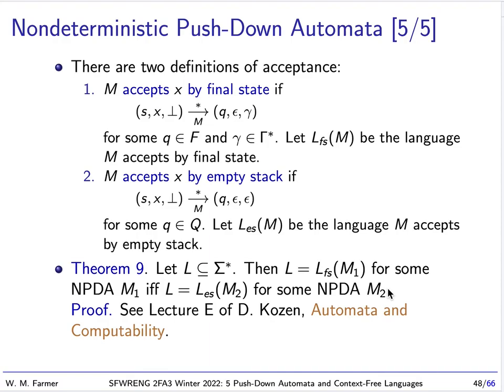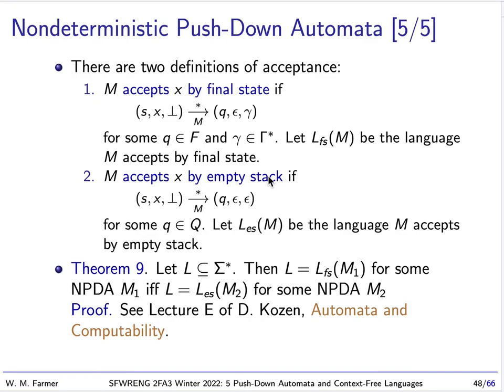So basically, the languages that these machines will accept are the same regardless of what kind of acceptance you use. So if you have a machine that accepts a language by final state, there will be another machine that will accept that exact same language by empty stack and vice versa.